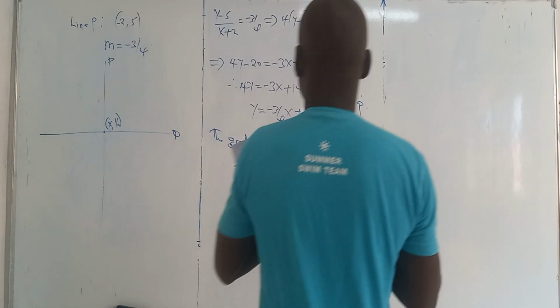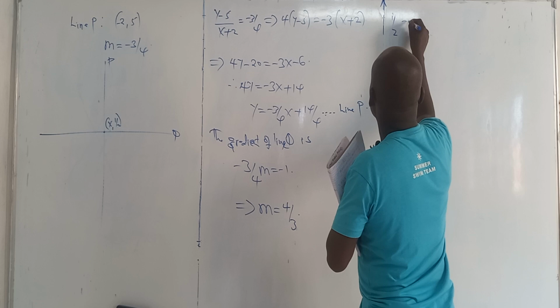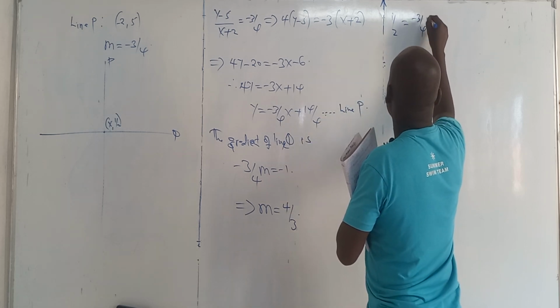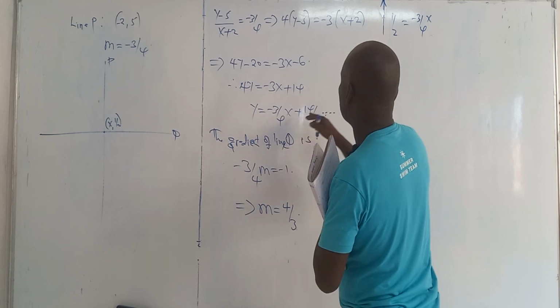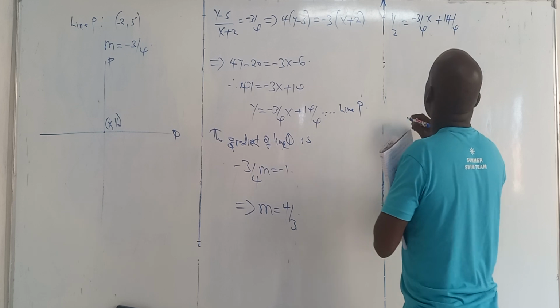Half is equal to minus 3 over 4 x plus 14 over 4.